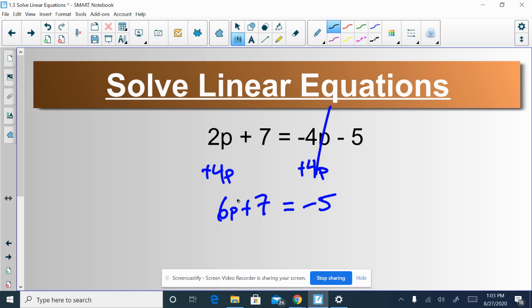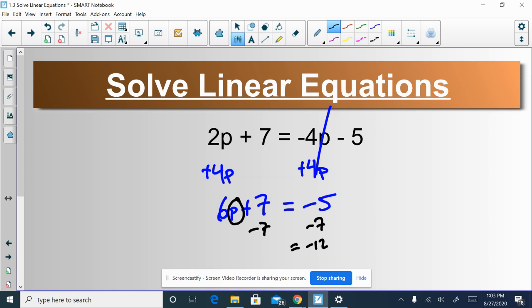Once again, we are trying to solve for our variable. So I'm going to move this plus 7 to the other side by subtracting 7. Negative 5 minus 7 is equal to negative 12. If you're really bad at this mental math stuff, your calculator will always be available for you to use.